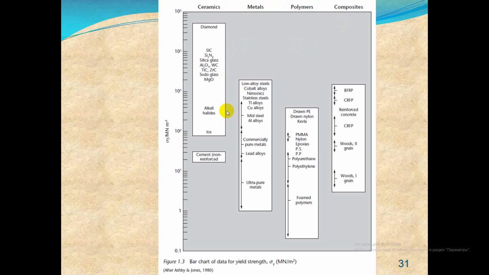We can immediately see that ceramics have very much higher strength than polymers, while metals have a much wider range of strengths, from alloy steels down to some very soft, pure metals. This is a bar chart of data for yield strength.